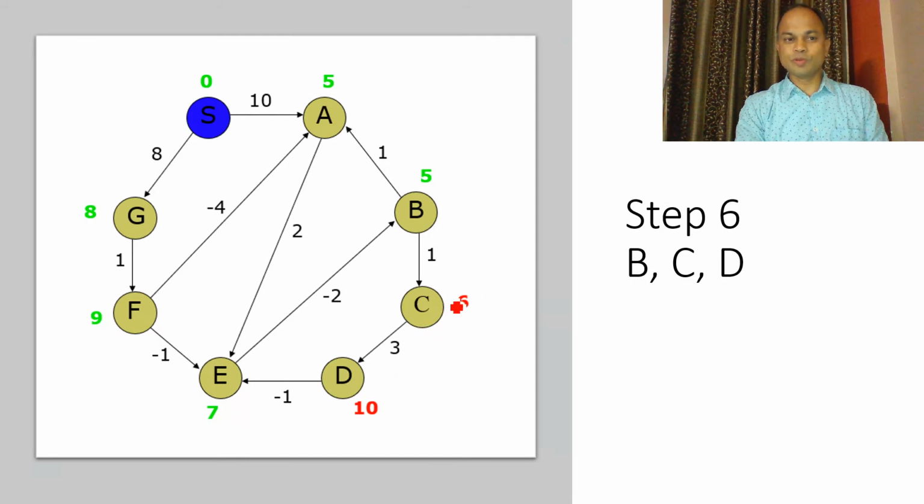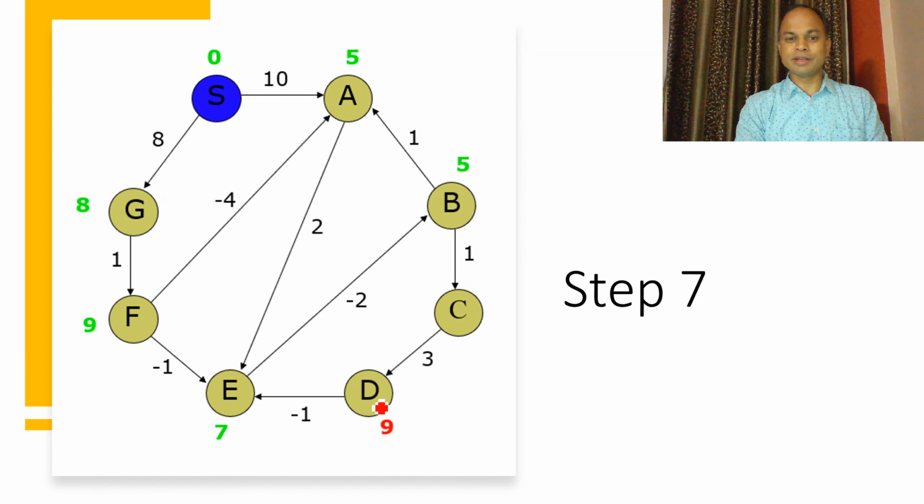Now we have to work on this particular C and D, and C to D distance is 3. Therefore S to D distance will be 6 plus 3, 9. And when we talk about S to E by D, distance will be 10 minus 1, which will be 9. 7 is lesser than 9, so we are not updating this value, and 6 plus 3, 9, this value is updated now.